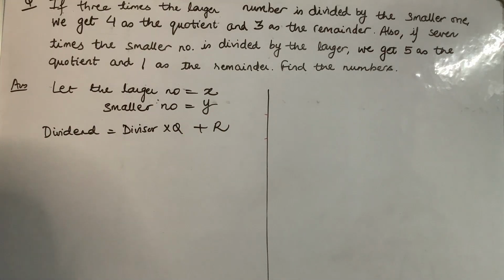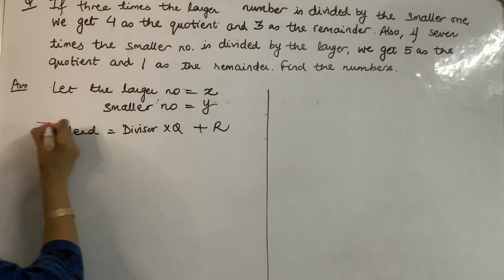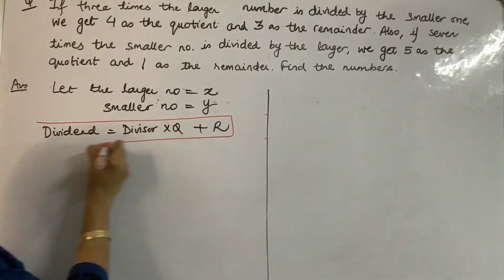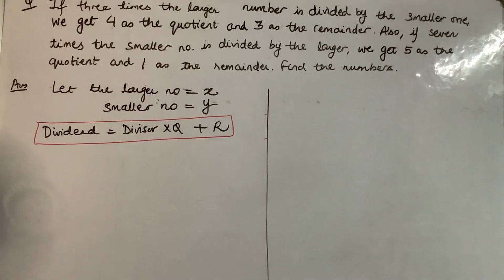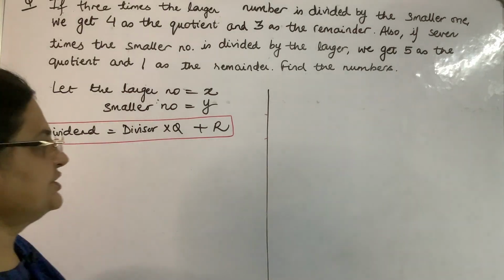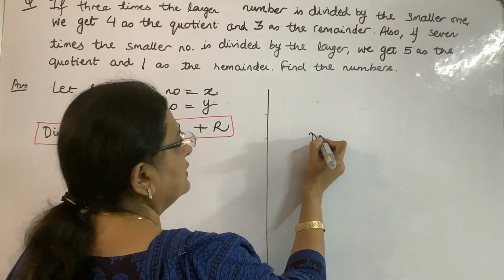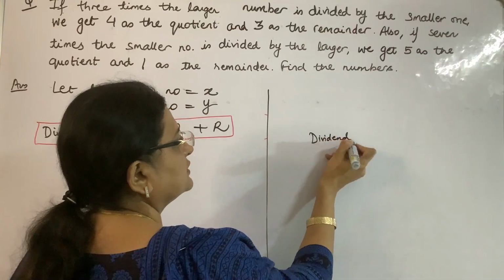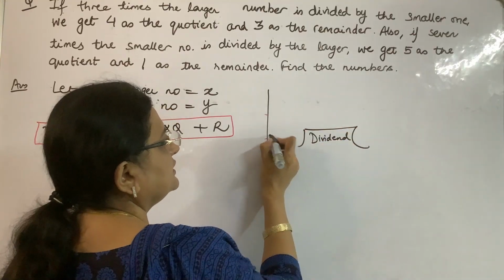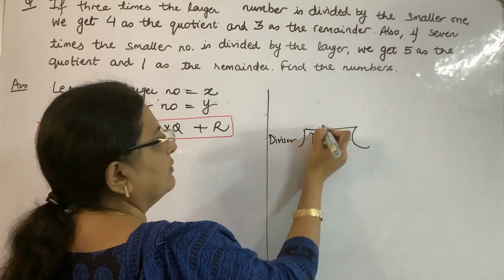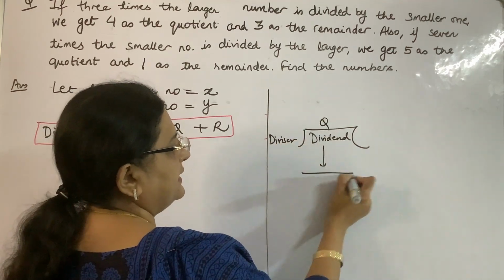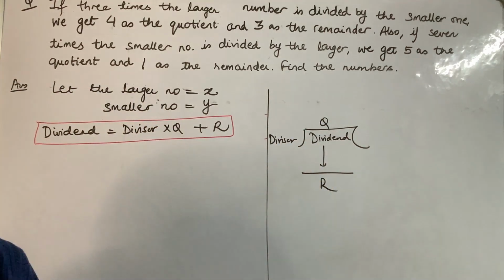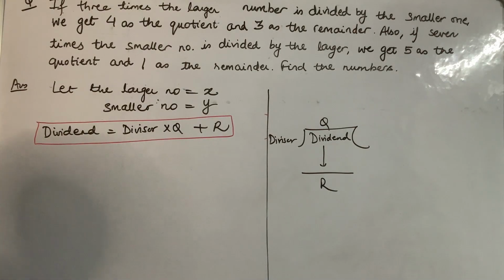We have already done it many times in junior classes. So if I just brush it up, what was dividend? Dividend was what was written here. Divisor here. Quotient here. And after working out, what was left was the remainder. Clear with this? So let us now form the equations.